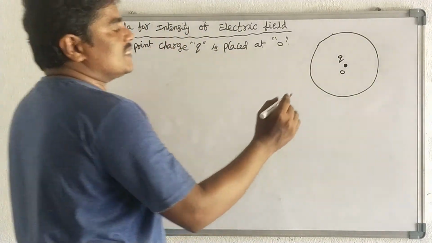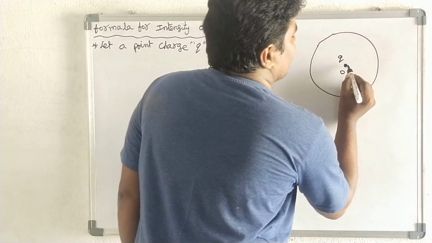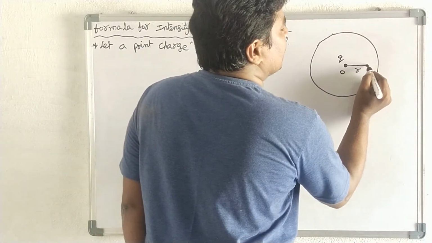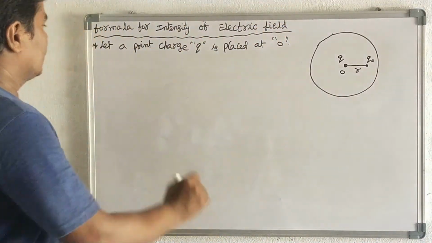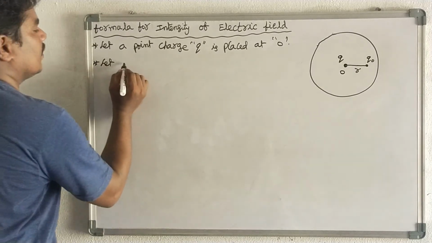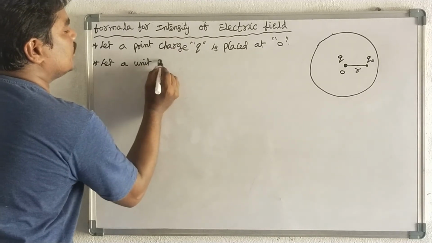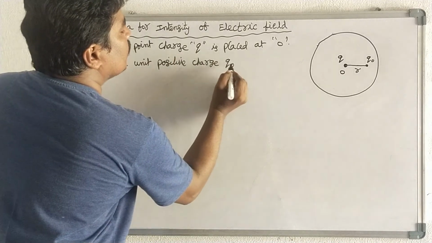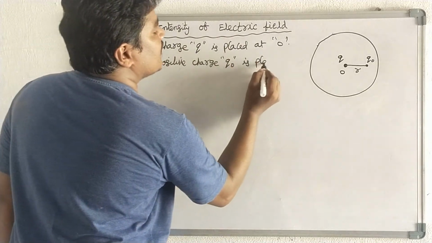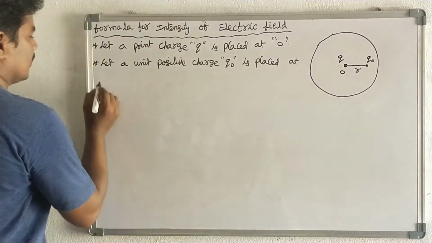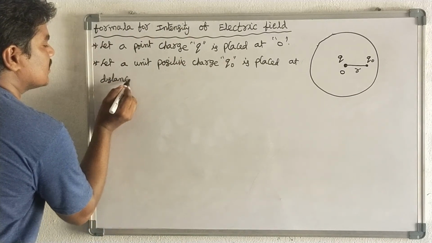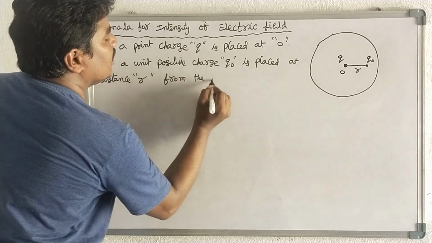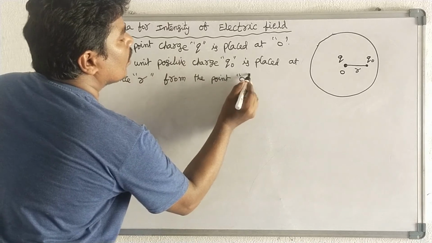Now we place a unit positive charge Q0 at a distance R from the point O in this electric field.